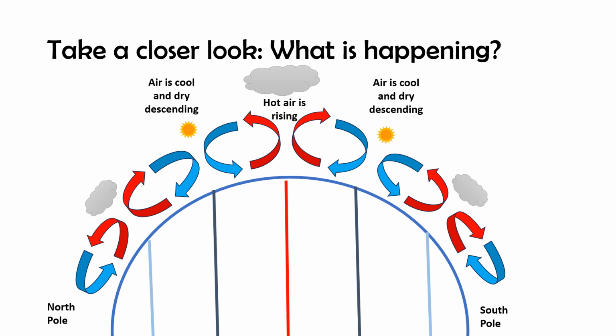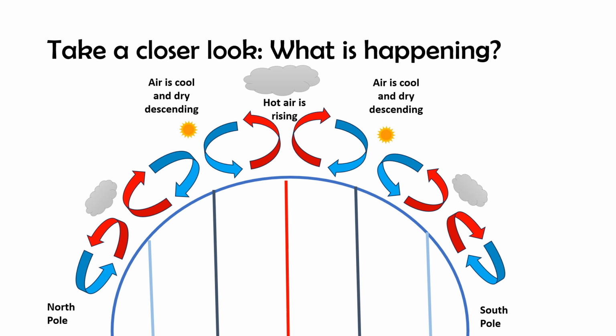So I want you to just visualize this, that these are imaginary circles, this is an imaginary circulation model that you need to imagine in your head. Okay, so remember, in the middle where the equatorial low is, you've got hot air rising, and then it's forming a cloud, and then it's going in different directions, and then it descends.